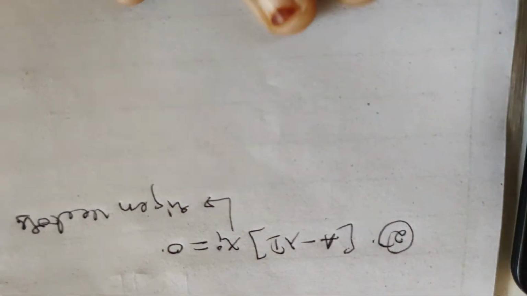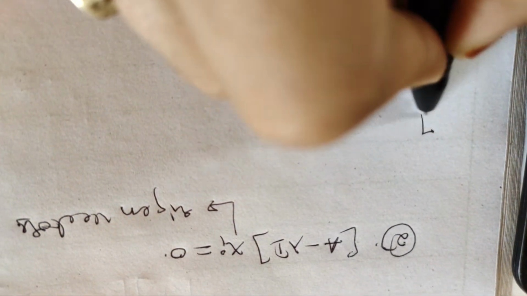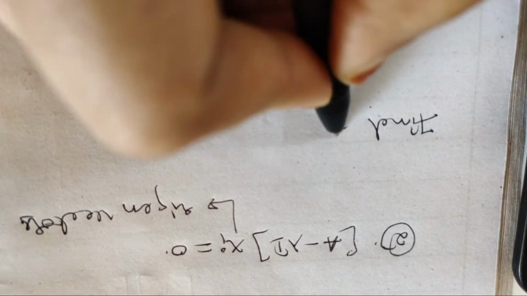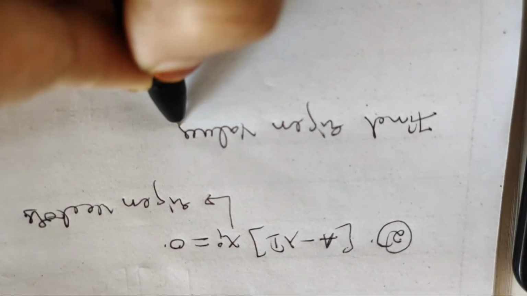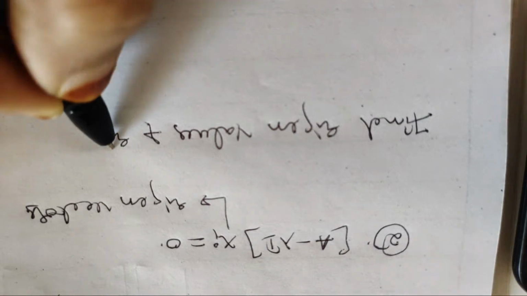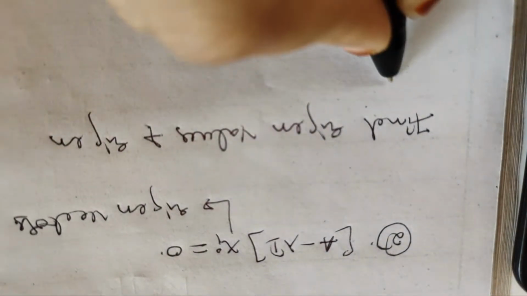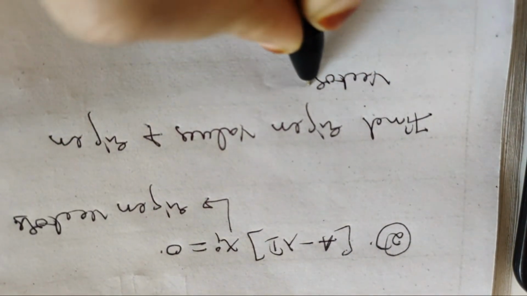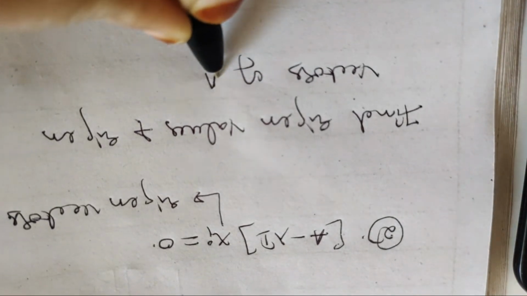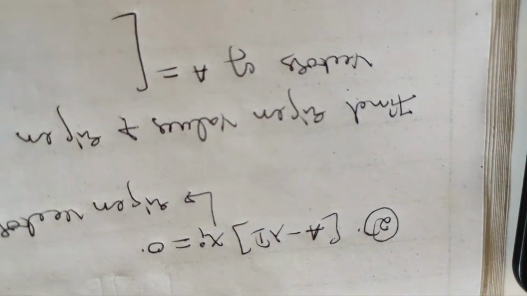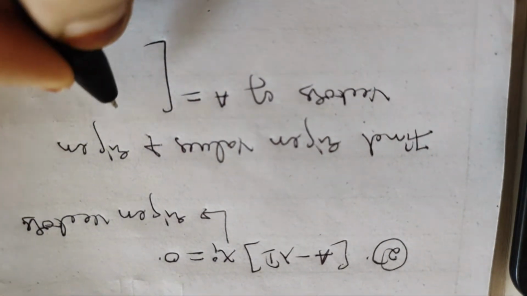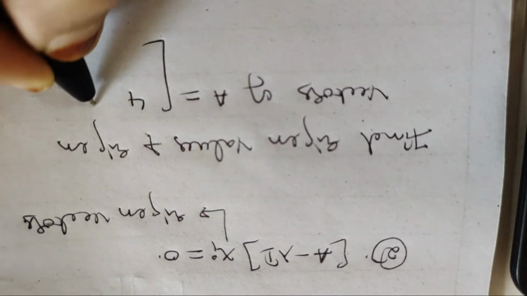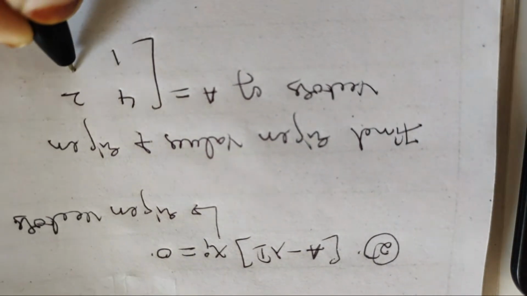I will take the problem: find eigenvalues and eigenvectors of matrix A, which is equal to [4, 2; 1, 3].